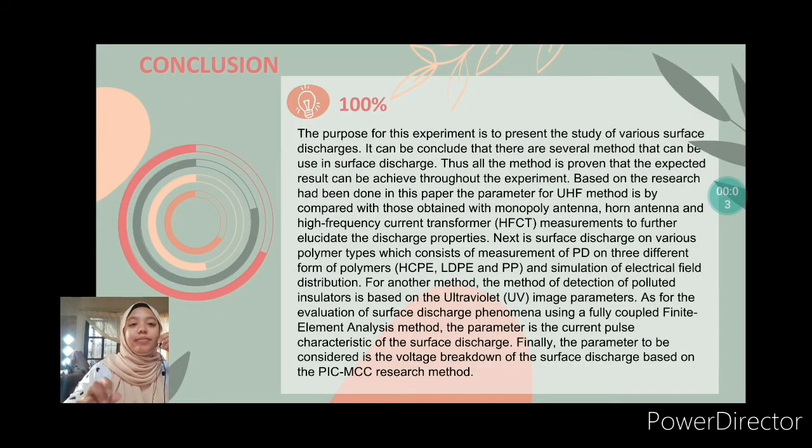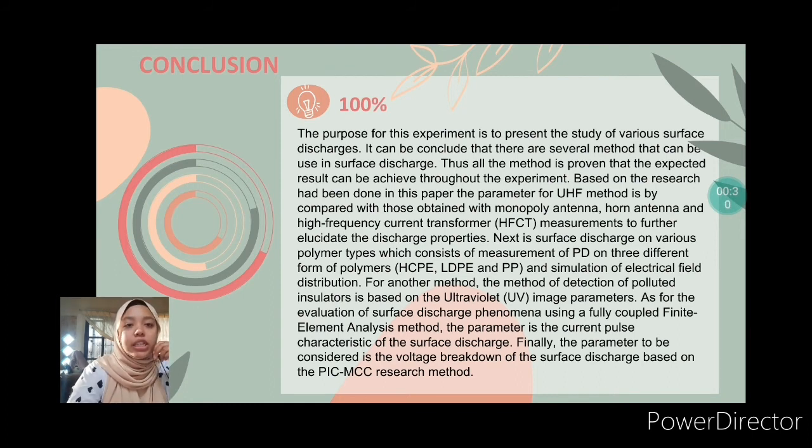Conclusion: the purpose of this experiment is to present the study of various surface discharge methods. It can be concluded that there are several methods that can be used for surface discharge. Thus, all the methods are proven, and the expected result can be achieved throughout the experiment.